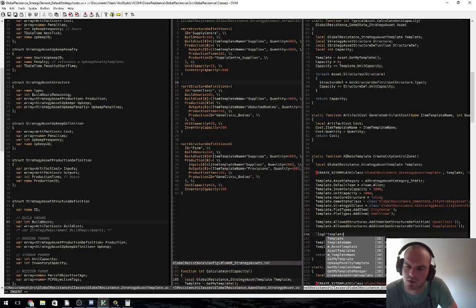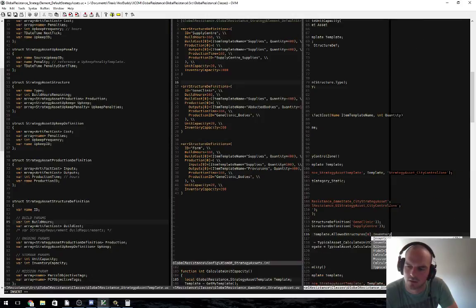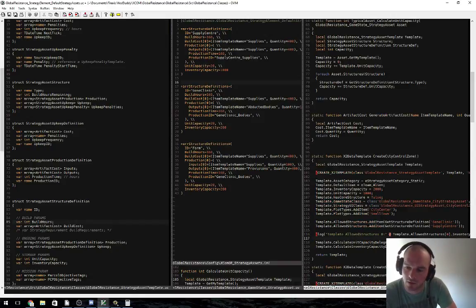So template allowed structures, 0 rather. Let's do that. So let's just start from the base. Arrow dot inventory capacity. Inventory capacity. Everything else seems to be working good though, so it's a good start.